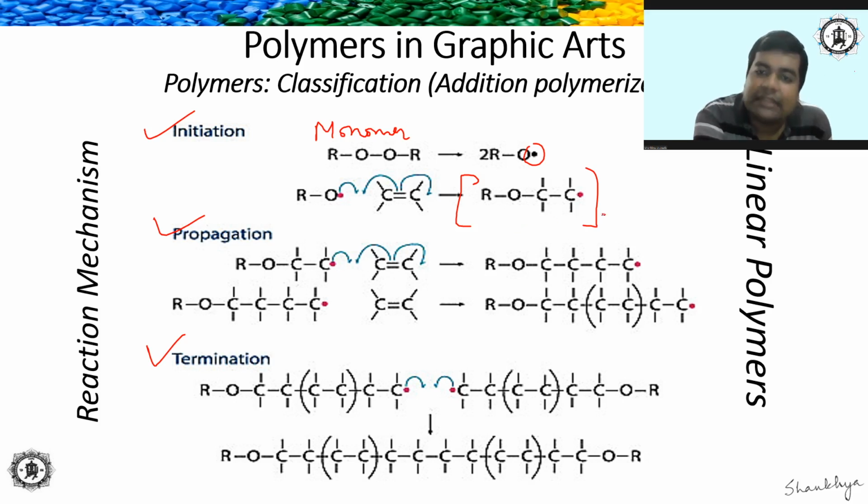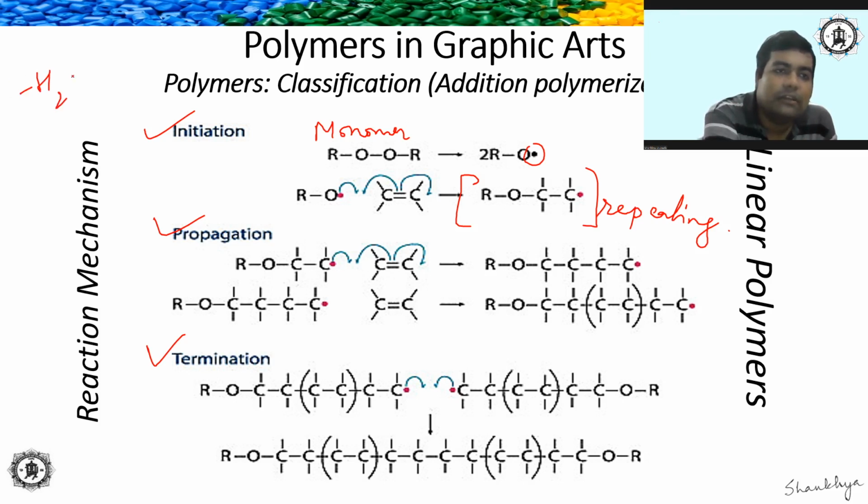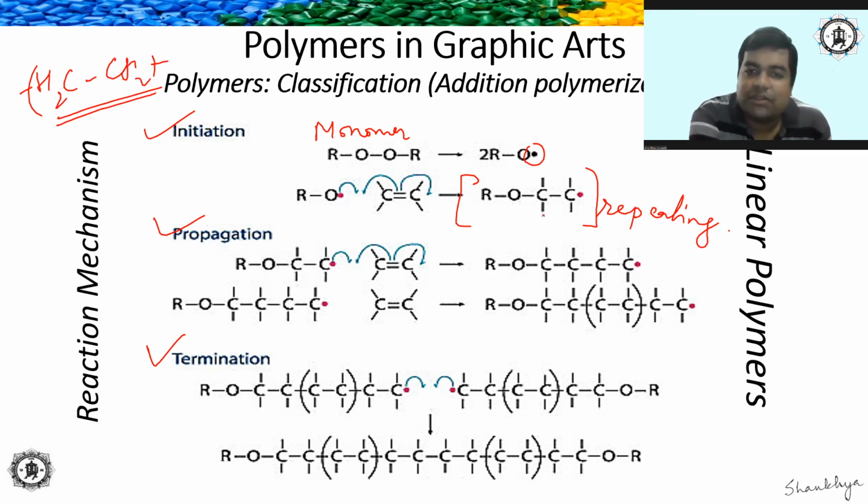So you are sure that this is your repeating unit. Like in the ethylene case, what was the repeating unit? This was the repeating unit, right? In this particular polymer, this is basically your repeating unit. So this free radical now is sitting over here.